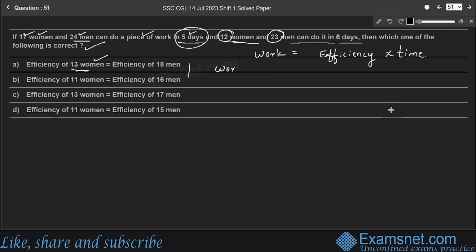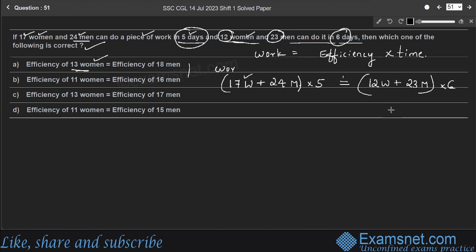So efficiency is 17 women plus 24 men, into number of days, into 5, is equal to, the same amount of work done by 12 women plus 23 men in how many days? In 6 days. So into 6, right?